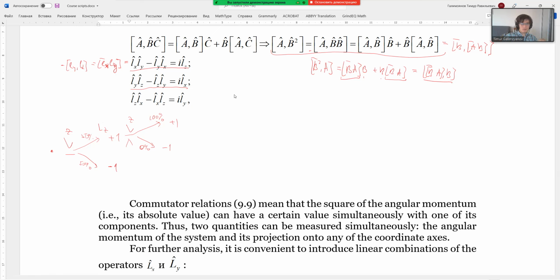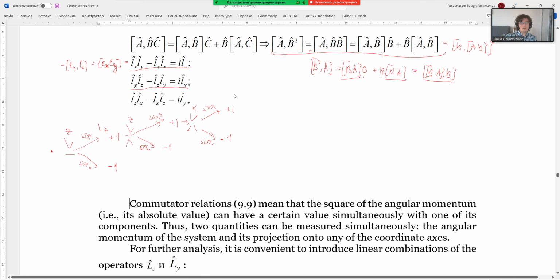However, if we have a particle with a definite value of projection of angular momentum on the z-axis, and we measure its projection on the x-axis, we get 50% going to +1 and 50% going to -1.